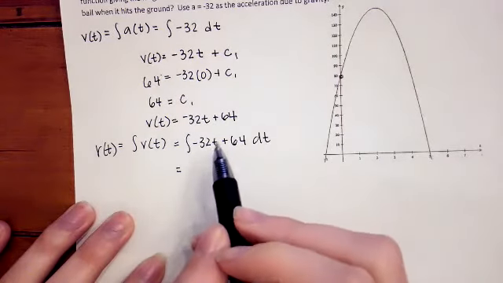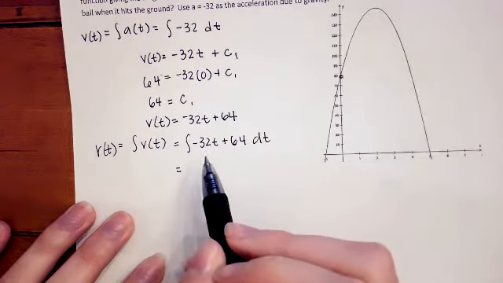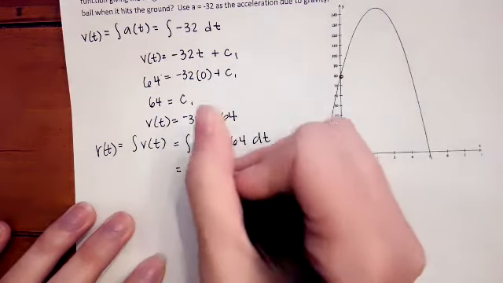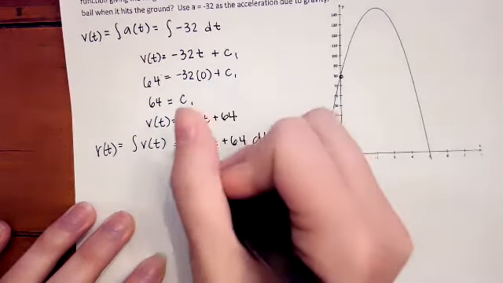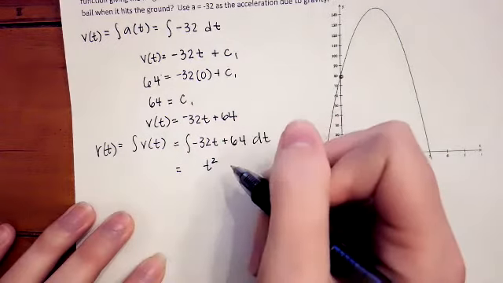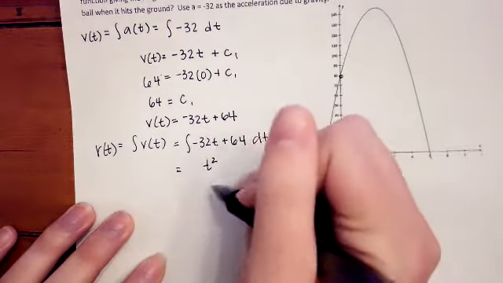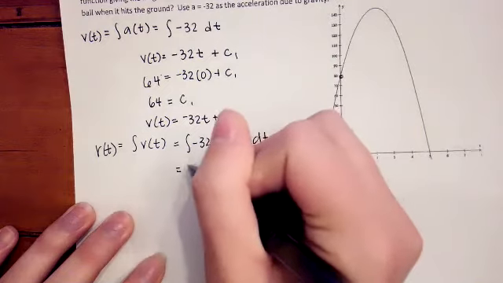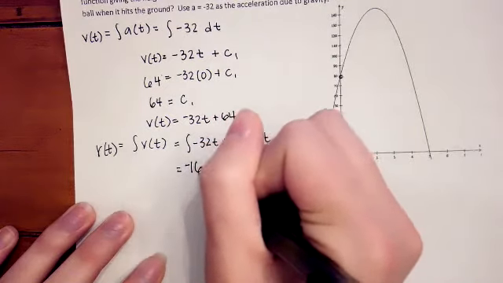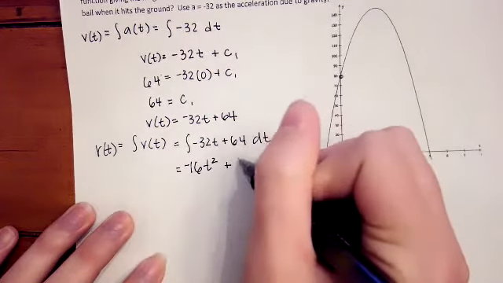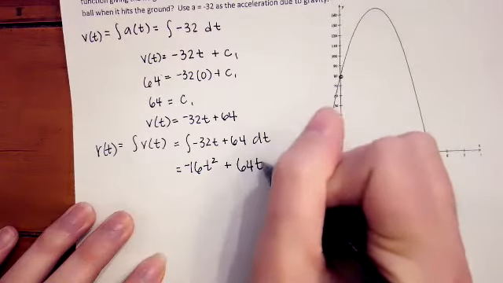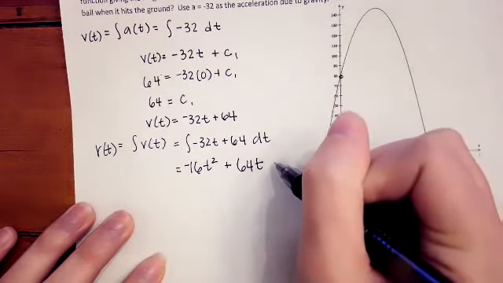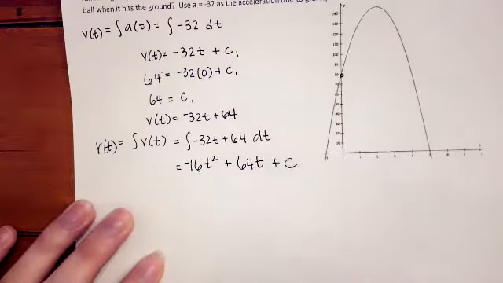Okay, if I take my integral, I add 1 to my power, so this is t squared, dividing by 2, because that's the reciprocal of my new power. -32 divided by 2 is -16. And then this is 64 times t, because I have to add in a t there, and then plus c.